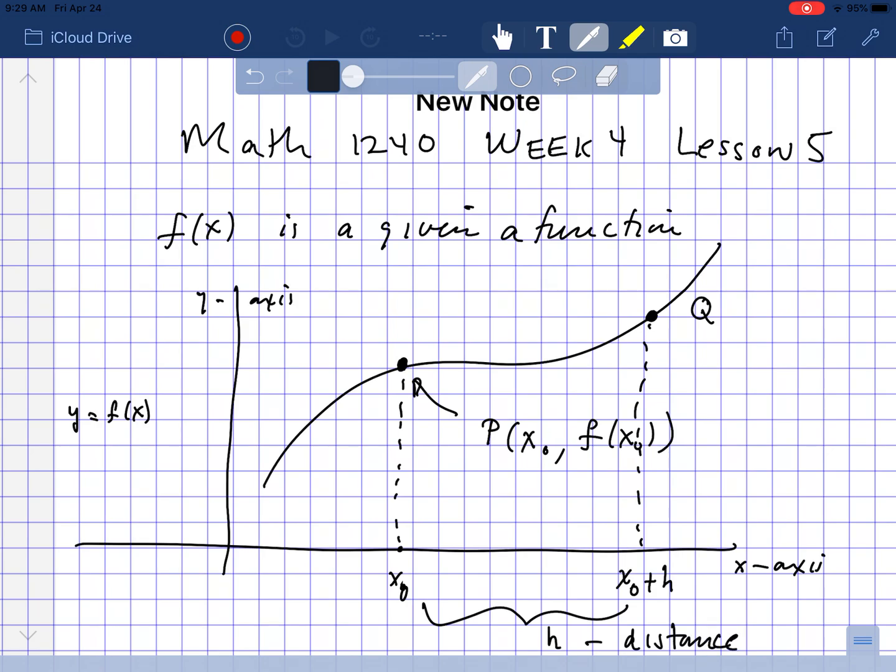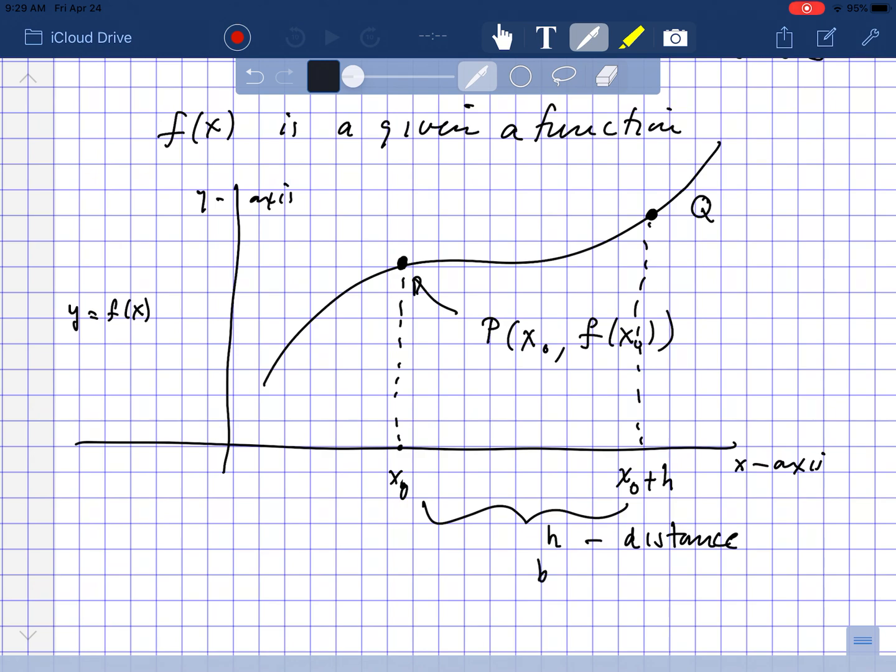So that's the distance between P and Q. Okay? Now we know the 2 points determine a line, and so I'm going to draw a line here. And let me change the color. So we'll draw this line.